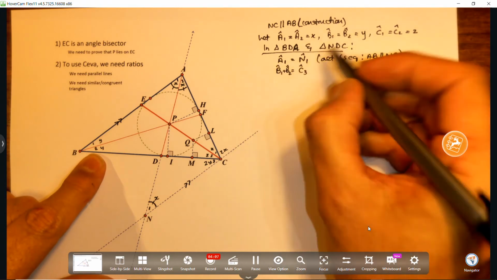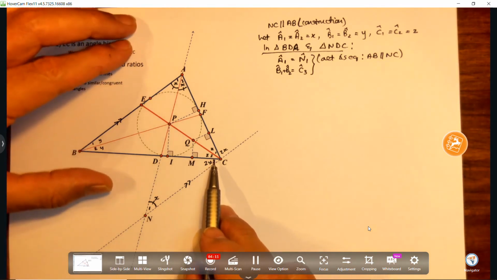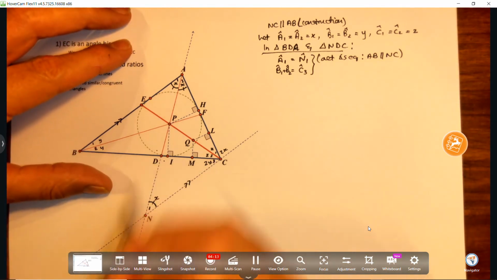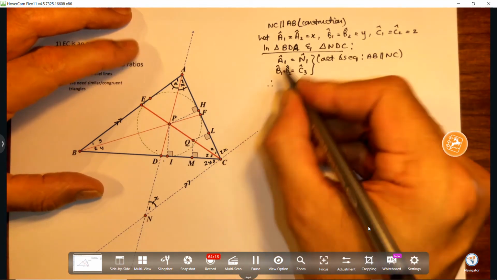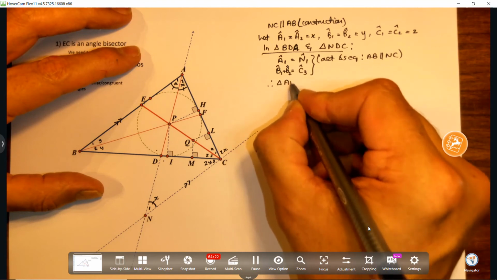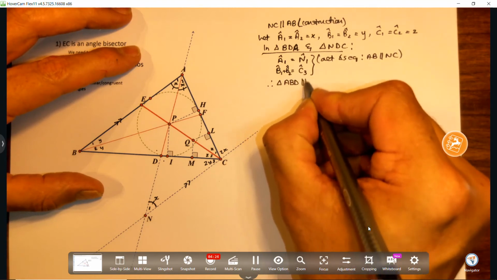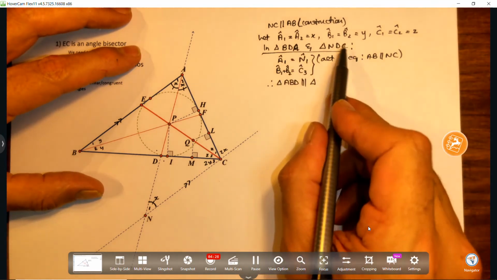And for the same reason, the alternate angles are equal. So we don't even have to state that these two vertically opposite angles are equal. We can now immediately claim that triangle ABD is similar to triangle CND.